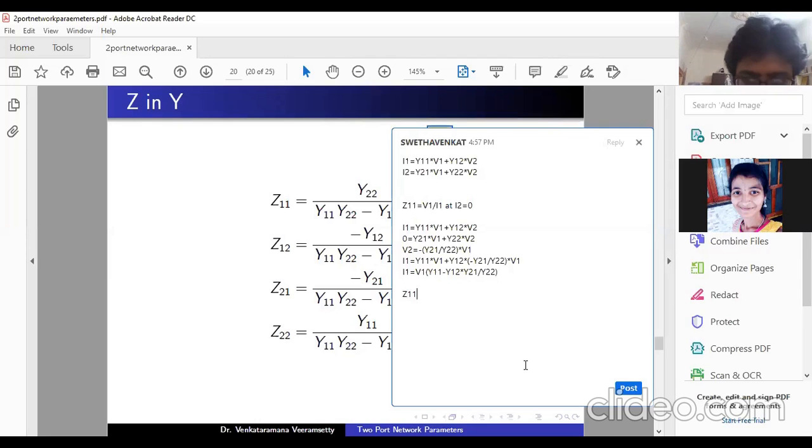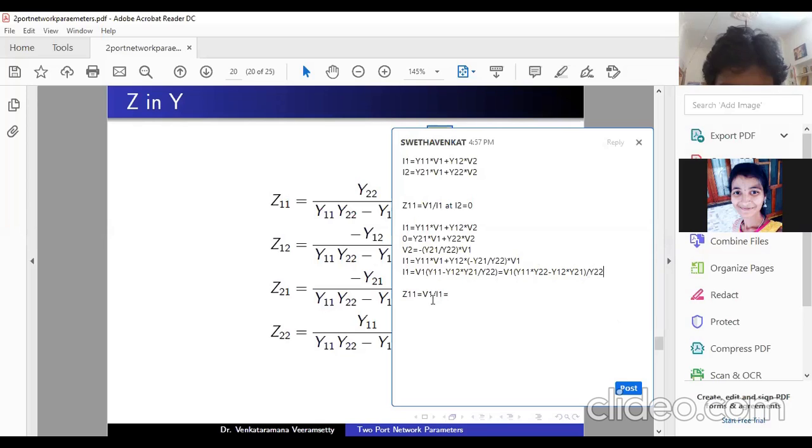Now Z11 equal to V1 divided by I1. We can simplify this one as V1 into Y11 into Y22 minus Y12 into Y21 divided by Y22, right?